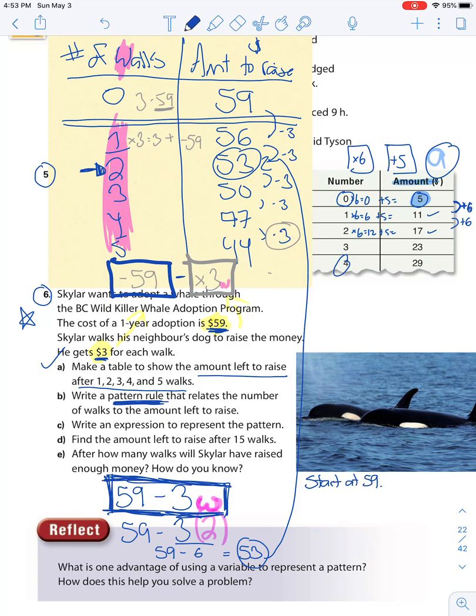Start at 59, because that's what we're starting at in this case.